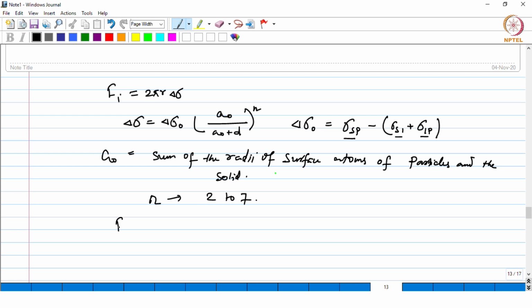So for a planar interface, this is the interfacial force if we replace delta sigma in terms of this particular expression.